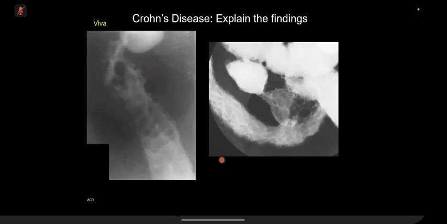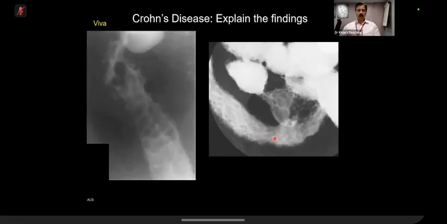So I'm presented with spot films of a barium enema or follow-through, which I cannot make out on these images. There is abnormality seen involving the bowel loop, which appears to have thickened folds, irregular mucosal irregularity, and multiple outpouchings outside the lumen, which may represent multiple aphthous ulcers.